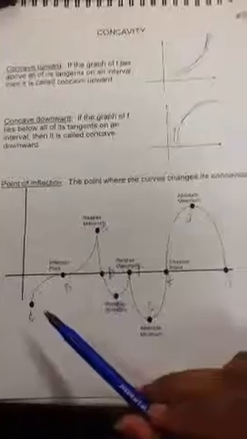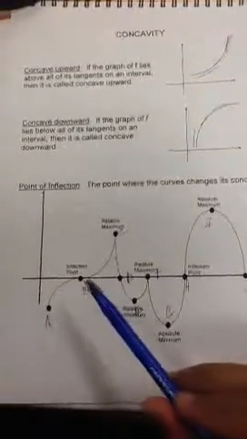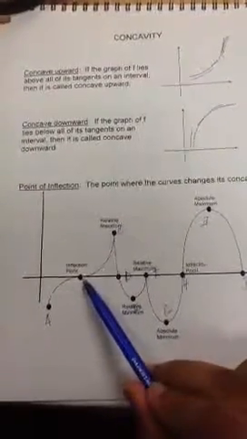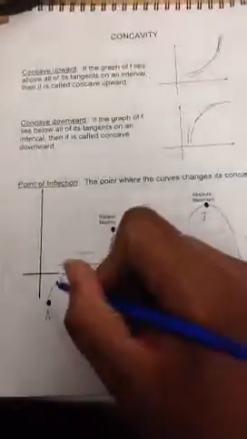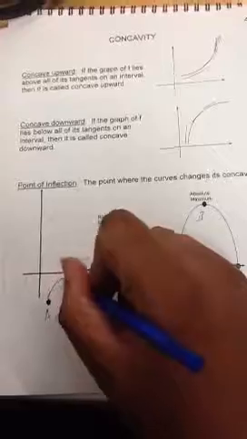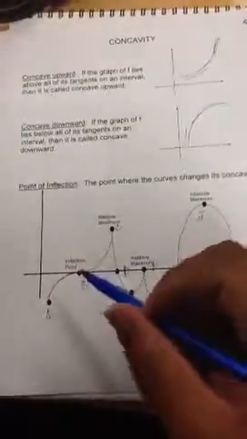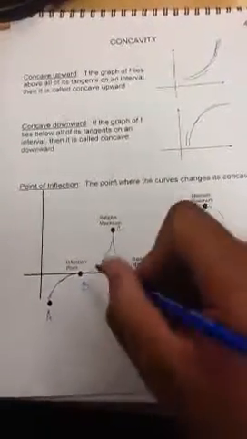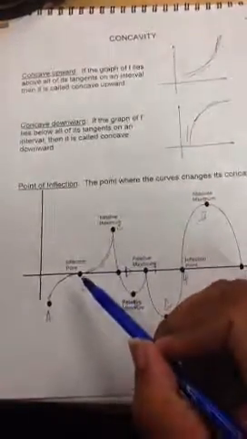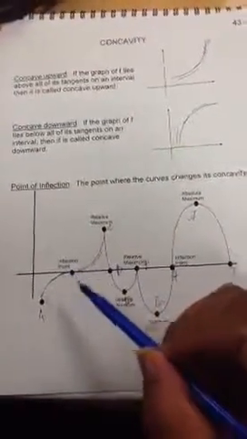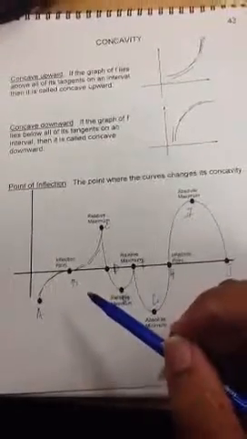So it would be in that neither category, right? Point B, as you can see from A to B, it's concave down. My tangent lines would be above. But once it passes up to point B, my tangent lines are below. So point B would be a point of inflection. Okay.